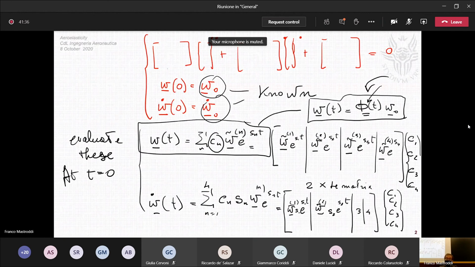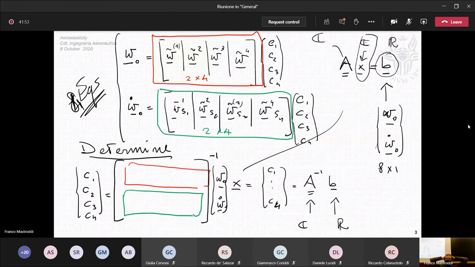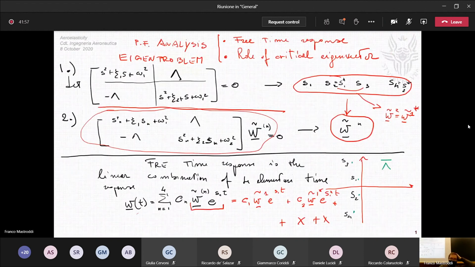So this is also known as the eigenform of the free response based on the eigenvalue problem. This is a very well-known issue in dynamical systems theory. Okay, so this is the first point I promised you, free time response.